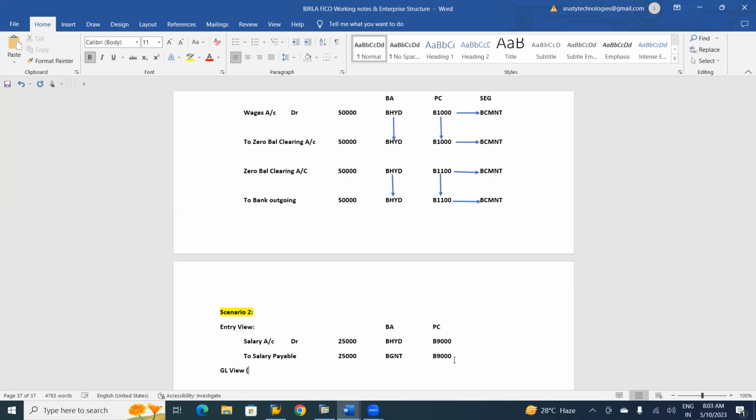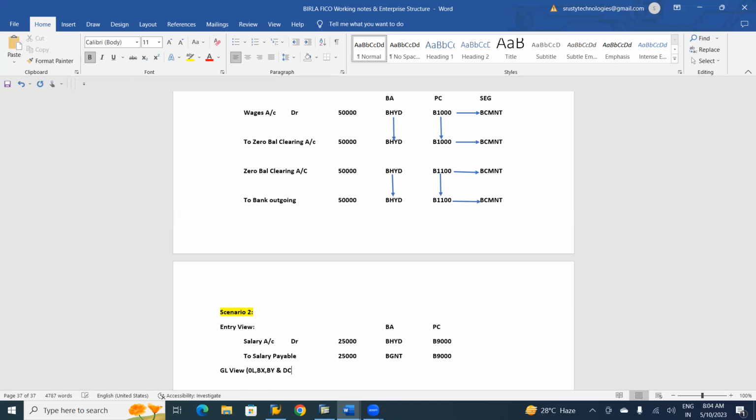What are the ledgers? 0L, SAP standard ledger. Next one, BX. BX is nothing but what? Just remind, IFRS. And BY, US GAAP, correct? Yes, no. And what are the currencies we have?